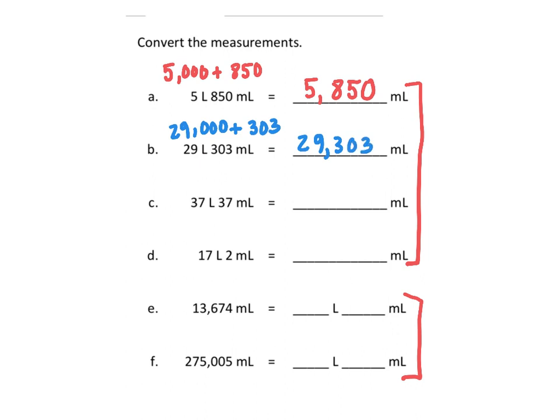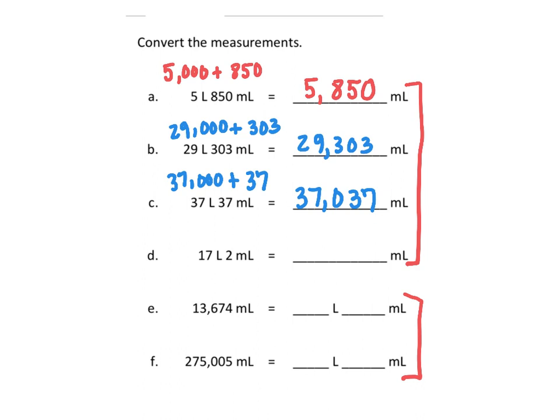Next part, 37 liters. We're going to multiply by 1,000 because we're getting back to milliliters. So that will be 37,000 plus our extra 37. So we'll have 37,037 milliliters. The next one says 17 liters and 2 milliliters.